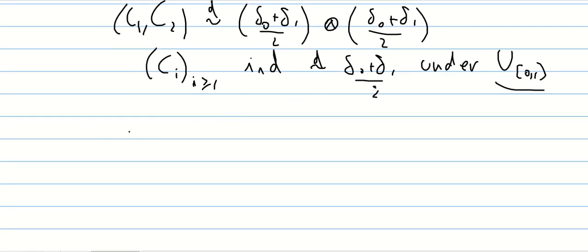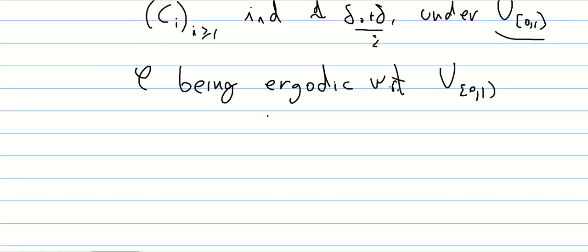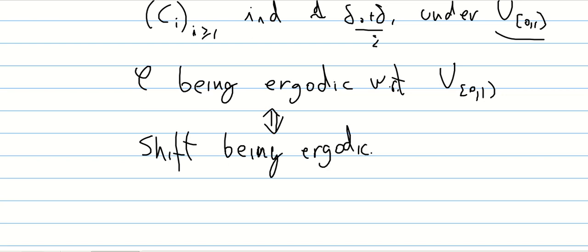So in essence, phi being ergodic with respect to the uniform measure is equivalent, by this mapping of coefficients, to the shift being ergodic with respect to the product measure.